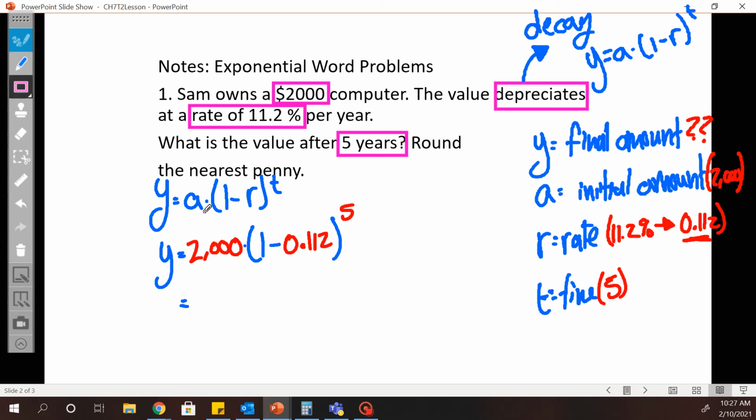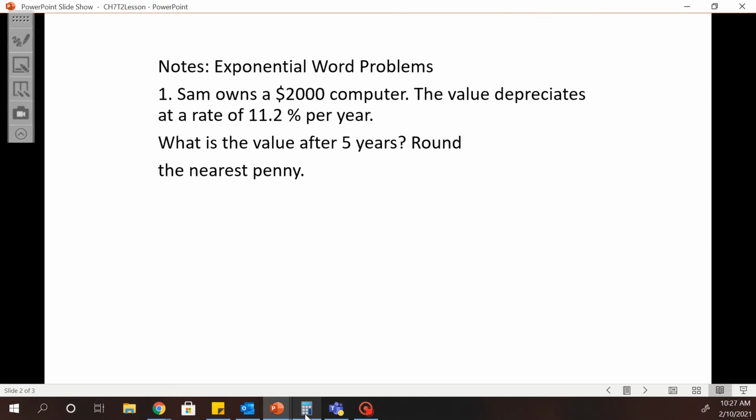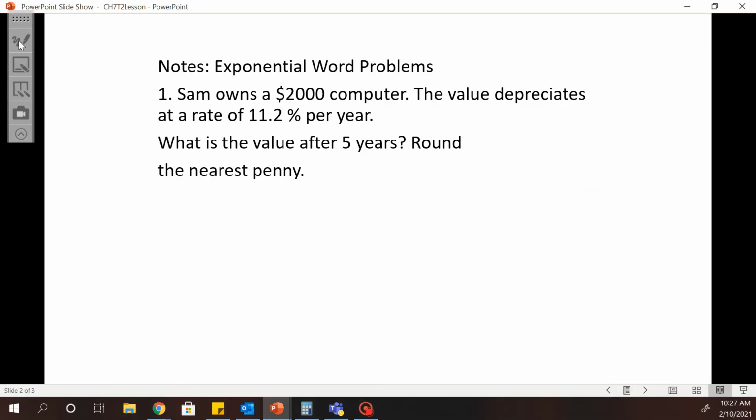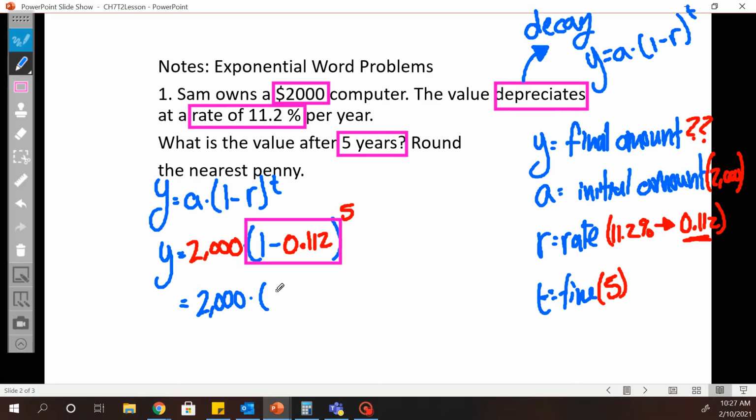So the very first thing we're going to do is the parentheses, the 1 minus 0.112. That's 0.888, and that is to the 5th power.